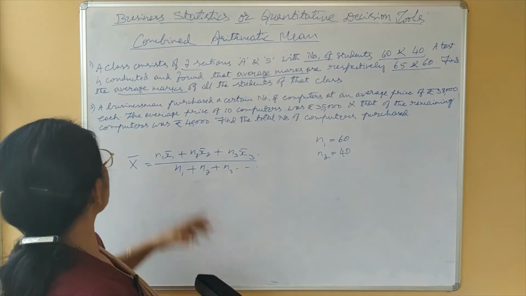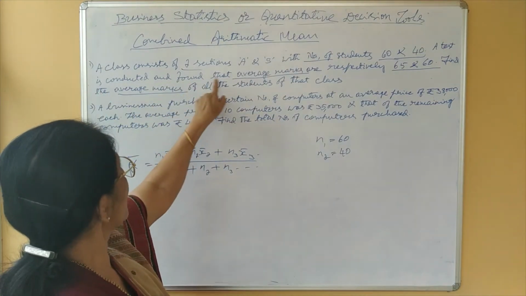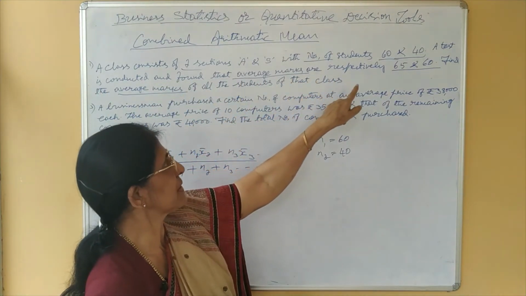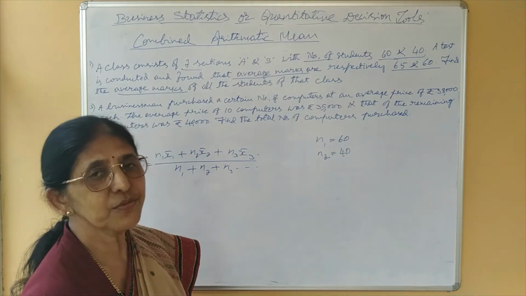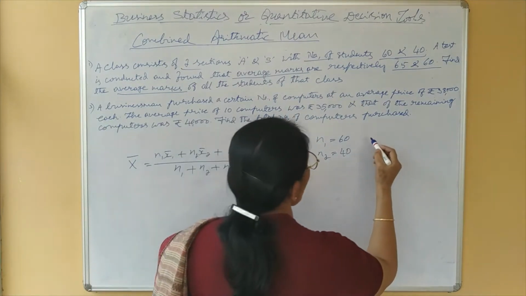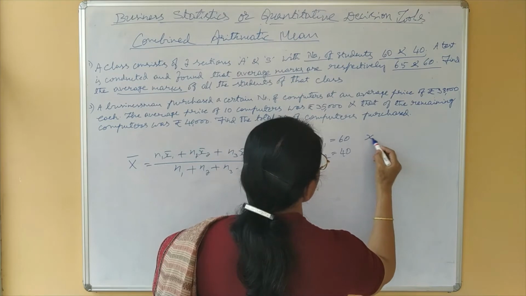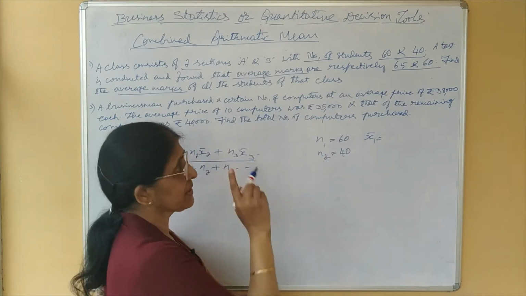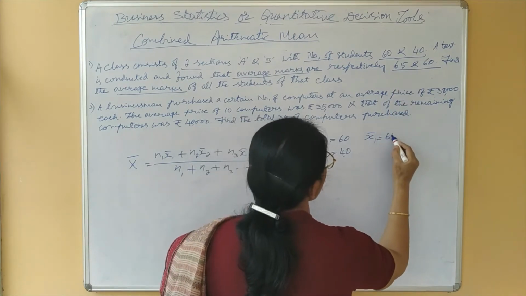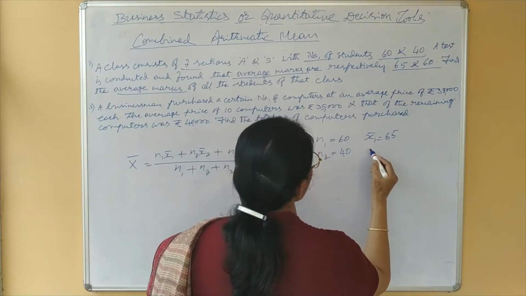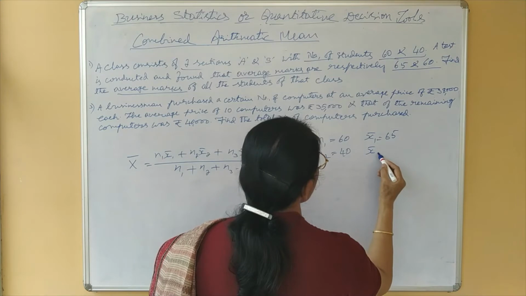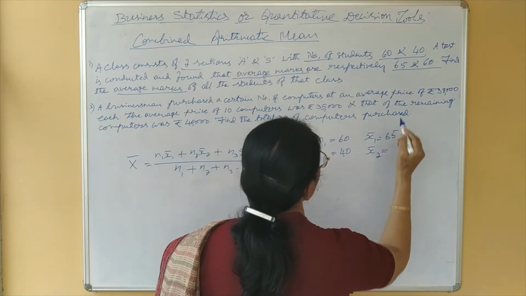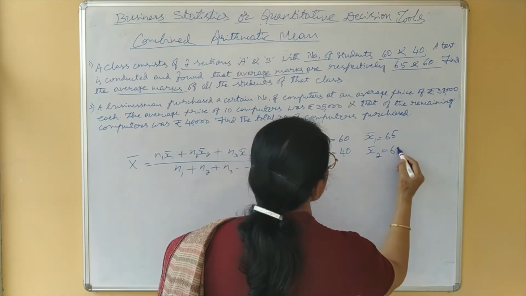Next it is given that a test is conducted and the average marks are found respectively. Average marks means arithmetic mean. That is x bar 1, the average marks of section A, 65, and the average marks of section B, that is x bar 2, is 60.